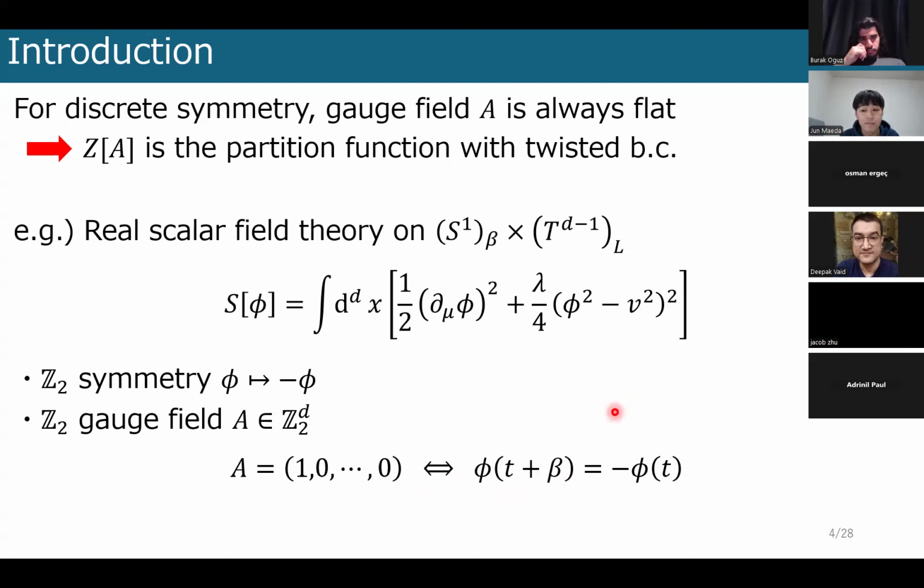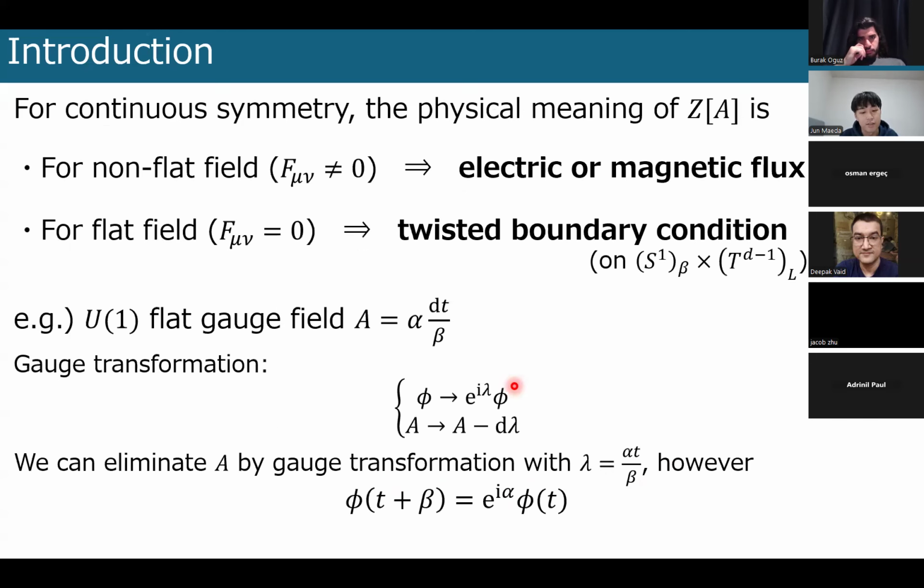So the point is that if you want to have a non-trivial gauge configuration for a discrete gauge field, then you must impose twisted boundary conditions. Is that right? Yeah, right. It is the same as this kind of situation.